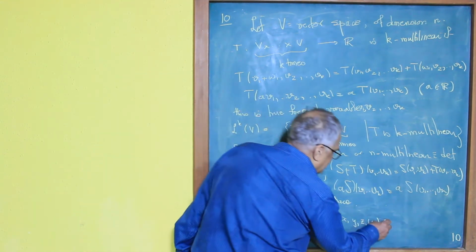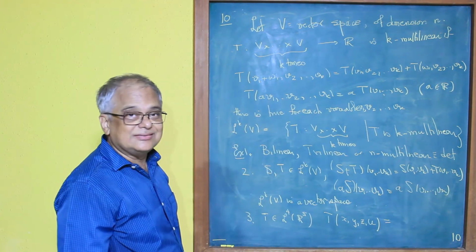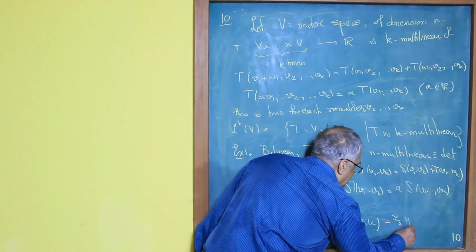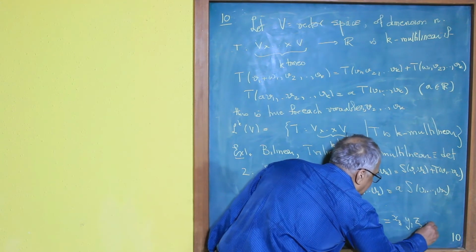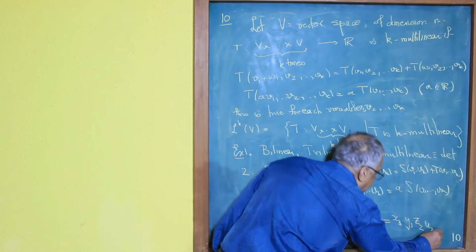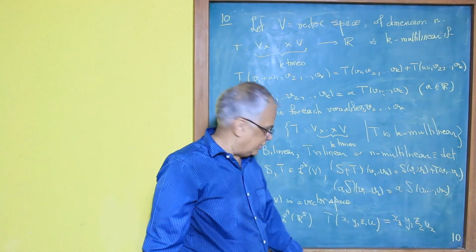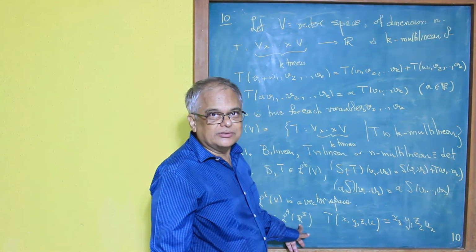So you should be able to prove that if you take T of X, Y, Z, U to be equal to X3, Y1, Z2 and U2. What do I mean by this? X is a vector. It has components. How many components does it have? It has 5 components.